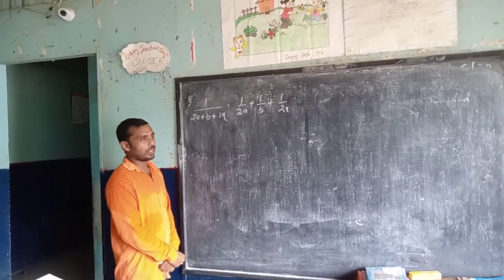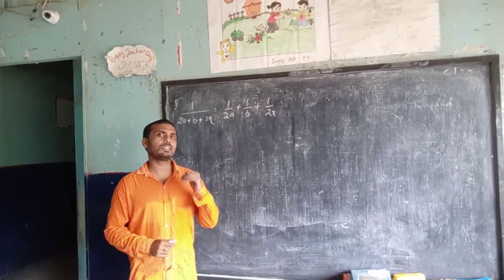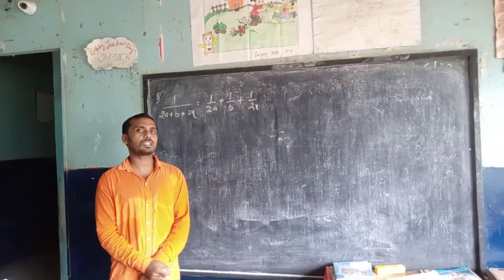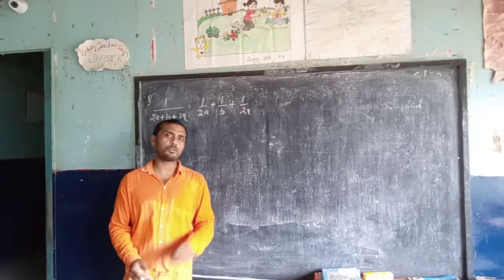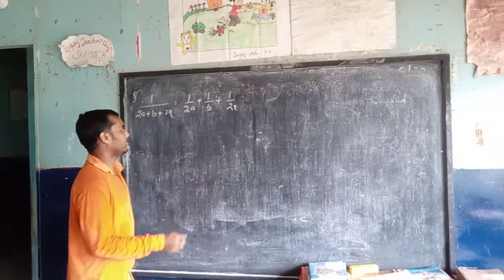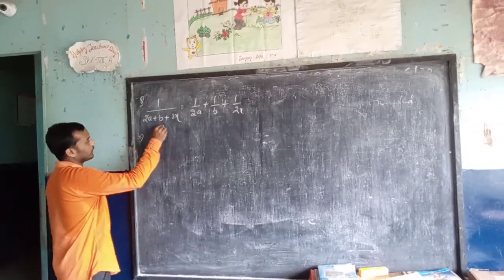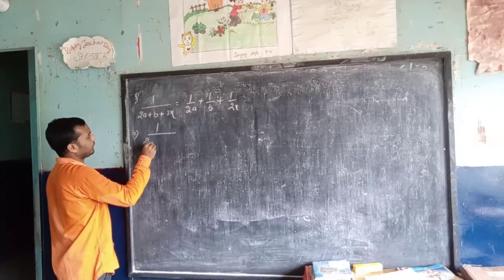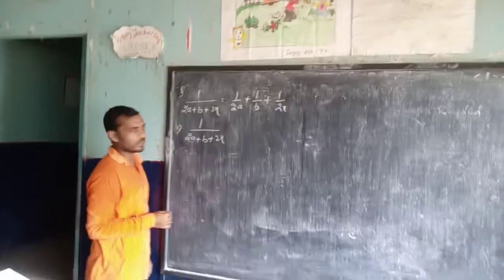Let's see, students. As I have told you, there are some interesting, logical questions, so we have to keep some things in mind. How will we solve it? Let's see. 1 by (2a plus b plus 2x) will remain as it is.